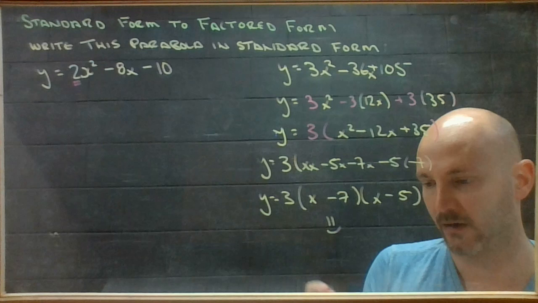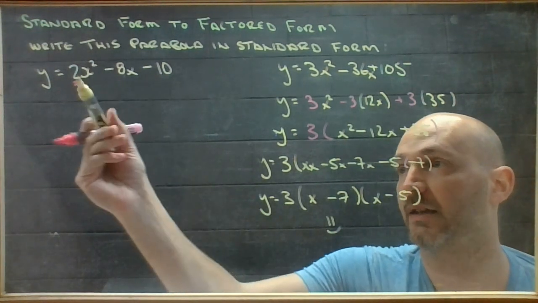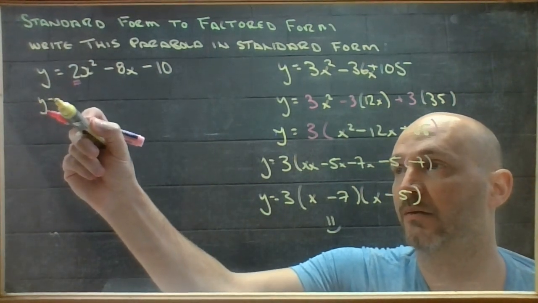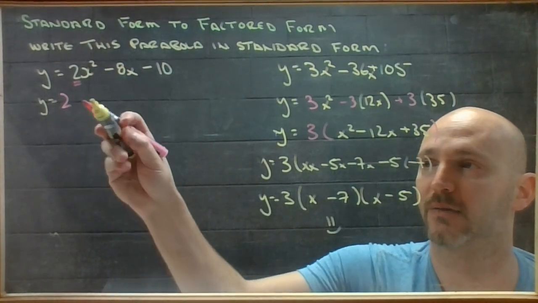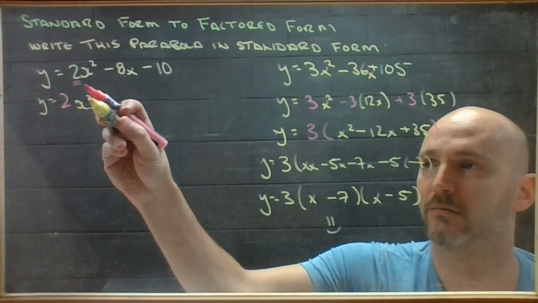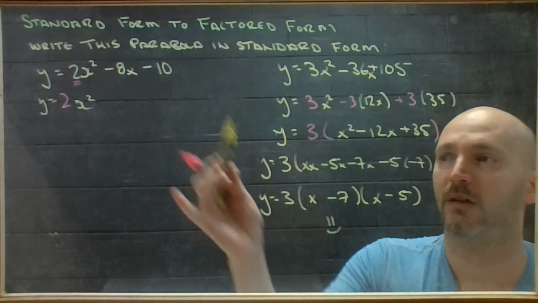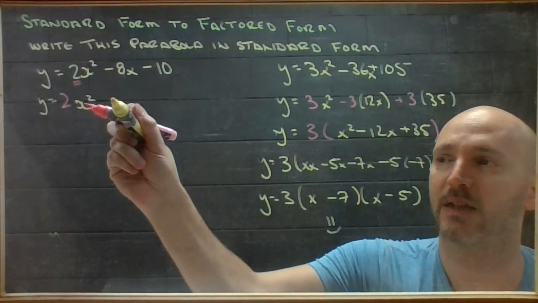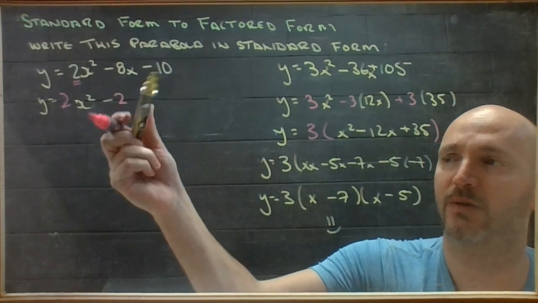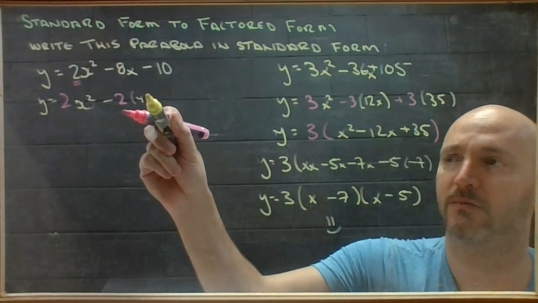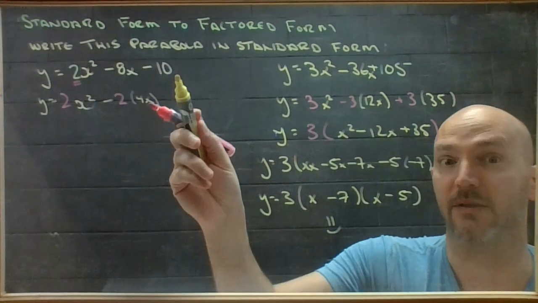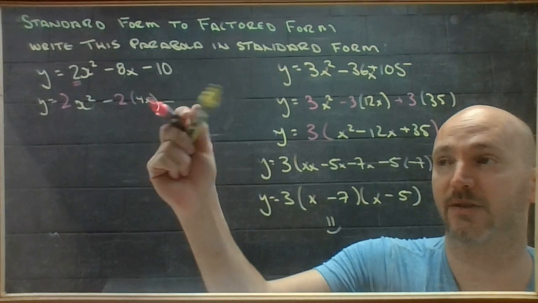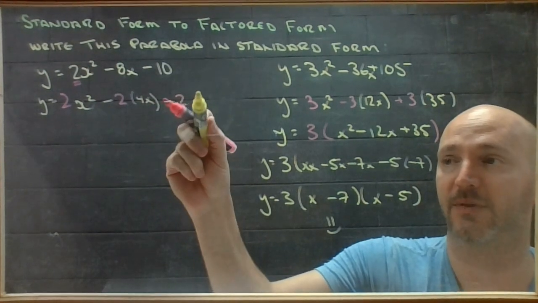So y equals, that'll be 2x squared. 8 I can split as 2 times 4 with an x attached. And 10 I can write as 2 times 5.